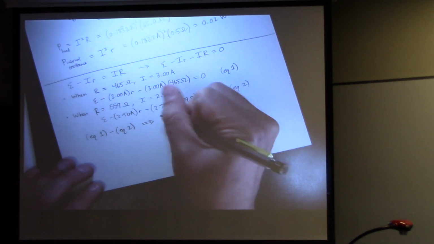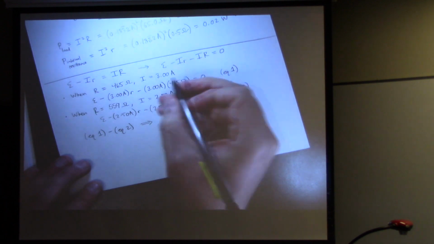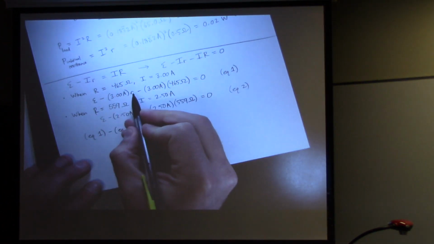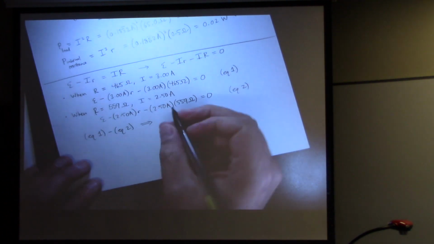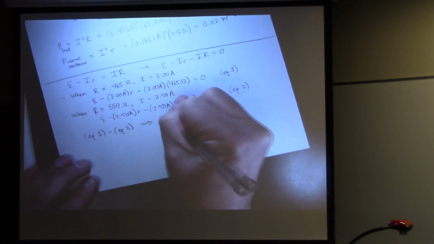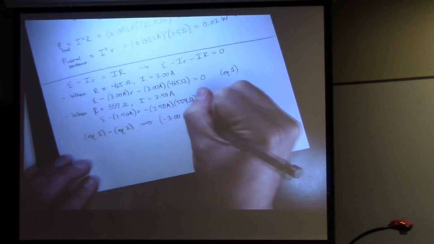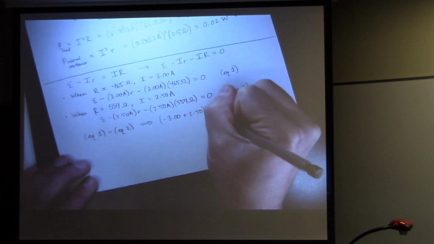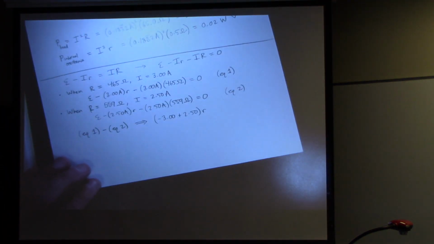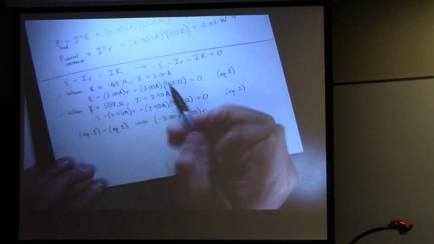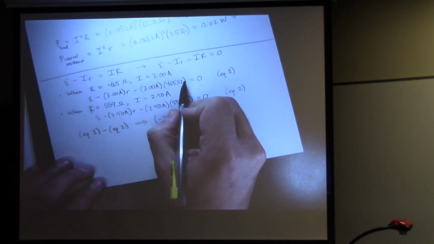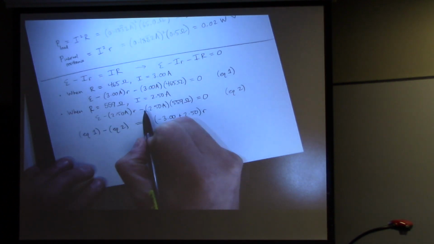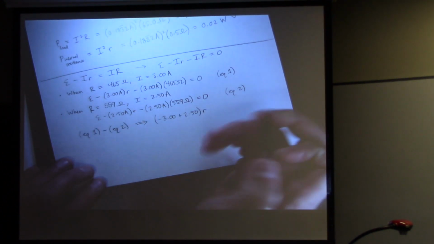The next one is, let's write it down, minus 3 times r minus negative 2.5 times r. So basically overall we have minus 3 plus 2.5 times this little r. Okay, and then the last term is this. We've got minus 3 times 465 minus negative 2.5 times 559.